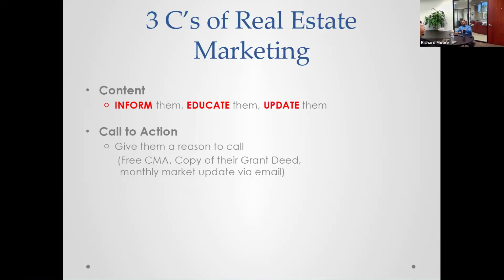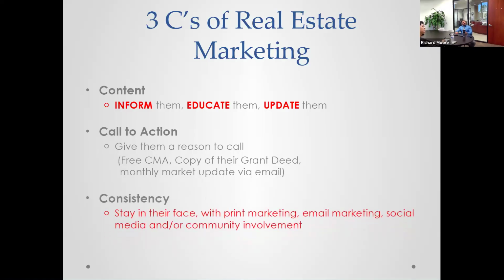Contact me for a free market evaluation of your property. Or contact me for a monthly market update of your neighborhood, whatever it is. And then the last one is consistency. Stay in their face. Print marketing, email marketing, social media marketing, community involvement, all that stuff. So content, call to action, and consistency.